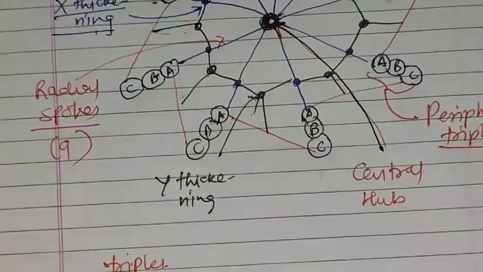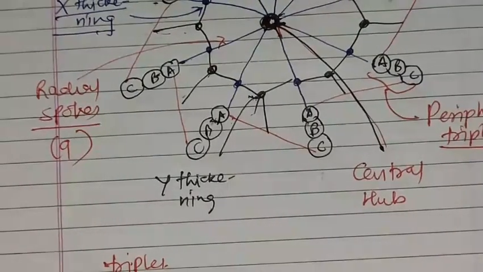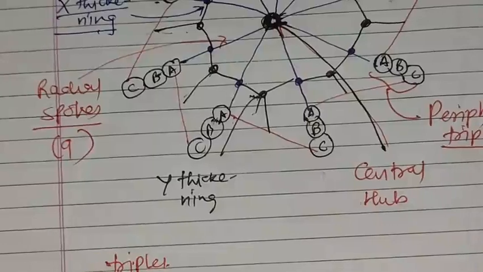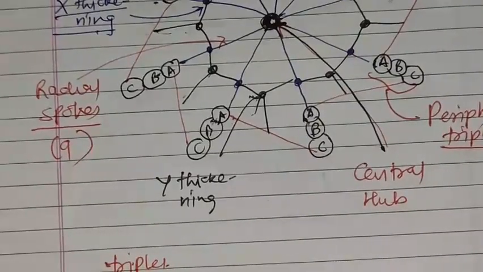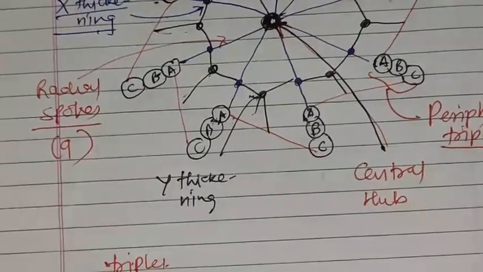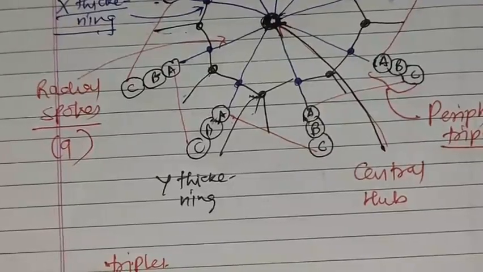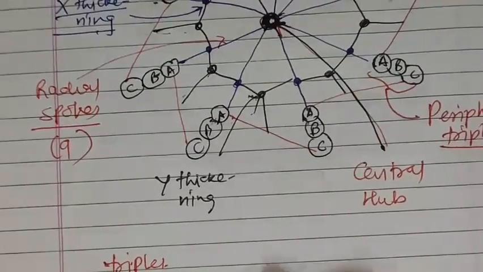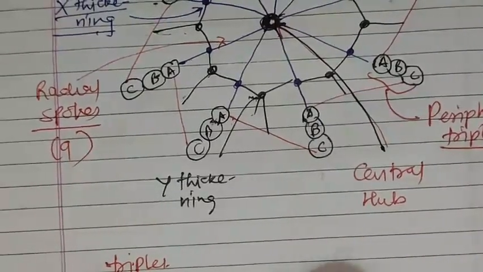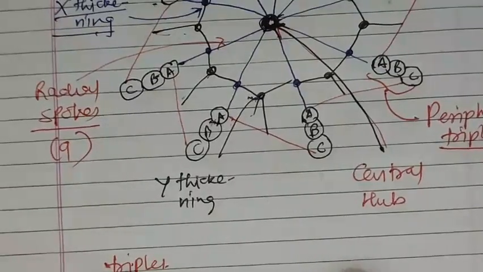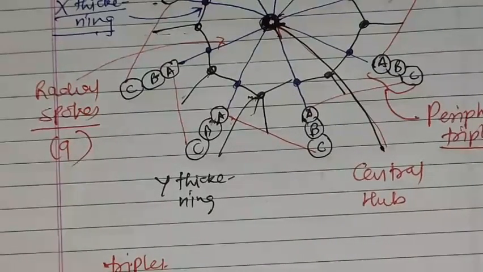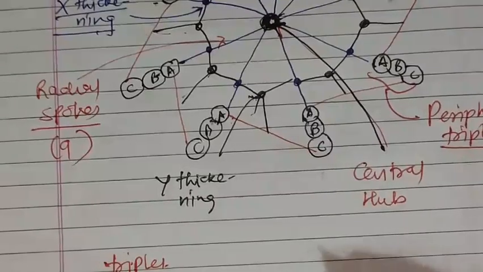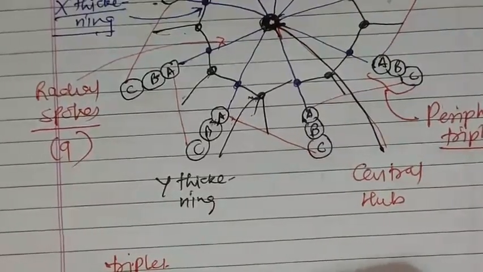So total 13 globular subunits are there. These 13 globular subunits form A. Now 3 are common, so a new 10 will be formed. Same way here also a new 10 will be there.